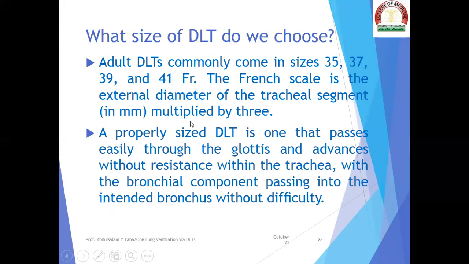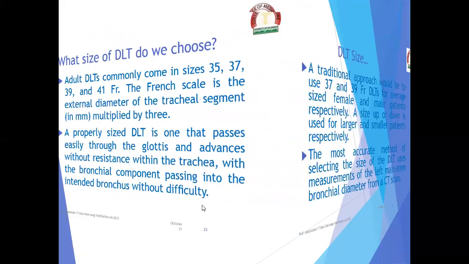A properly sized double lumen tube is one that passes easily through the glottis and advances without resistance within the trachea, with the bronchial component passing into the intended bronchus without difficulty.